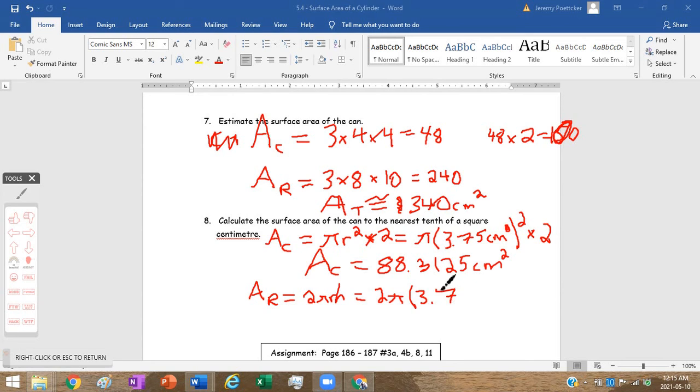Absolutely. 2 times pi times 3.75 times the height, which was 11 centimeters. Area of the rectangle is equal to, all right, calculator again, 2 times 3.14 times 3.75 times 11, 259.05.